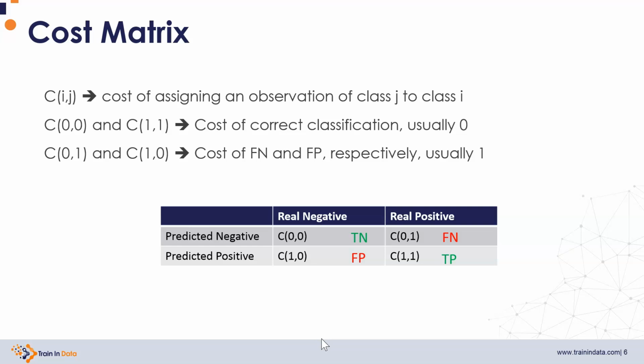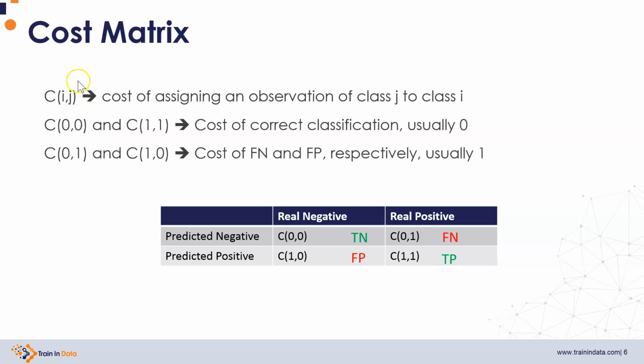In this table, we have the predictions versus the real target. So when we predict 0 and the real value was 0, we have the true negatives. When we predict 1 and the real value was 1, we have the true positives. And in the other diagonal, we have the false positive and the false negative rate.